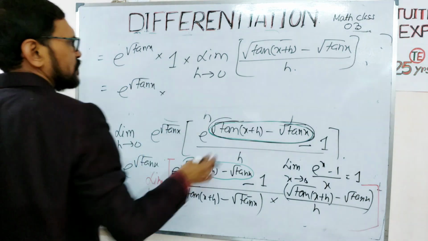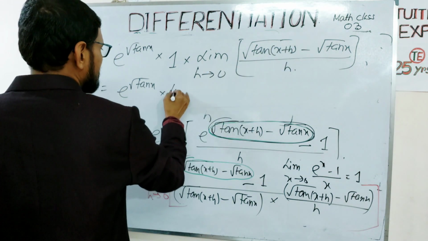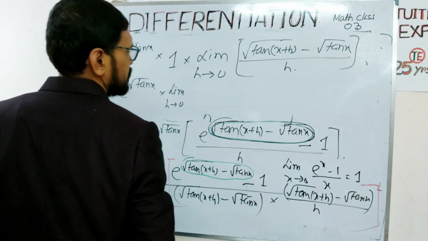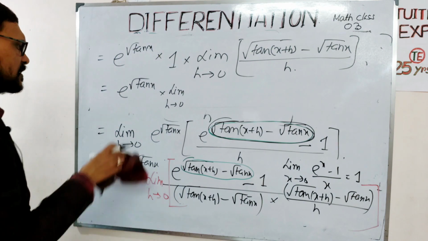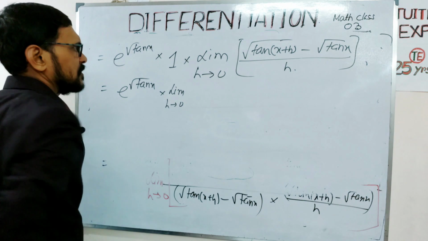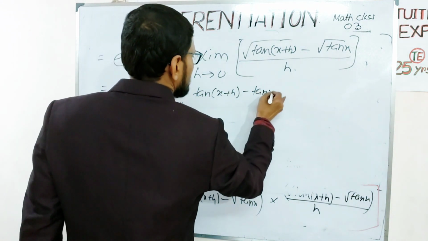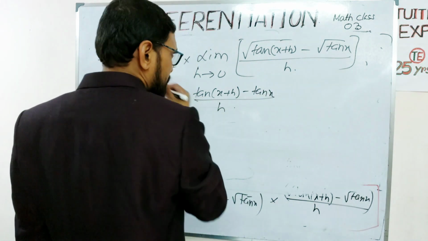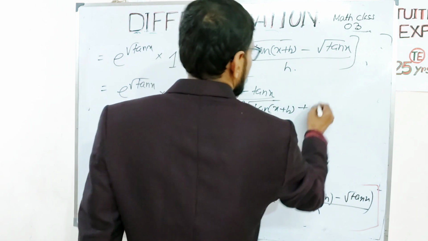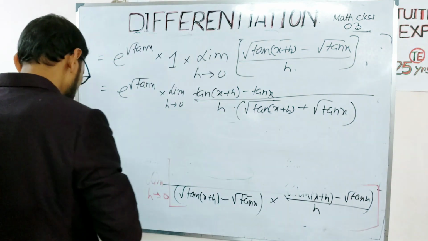Now we have to evaluate this value, limit h tends to 0. First rationalize. If we rationalize this, then this becomes this.